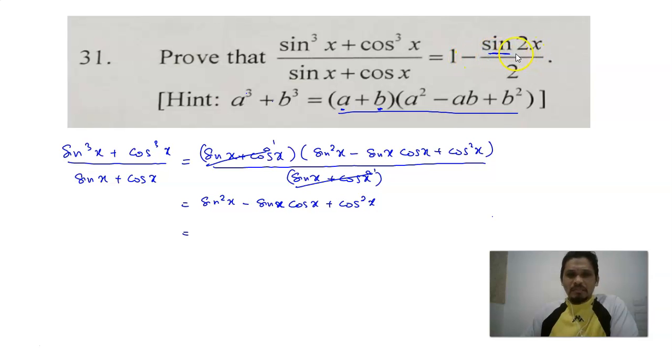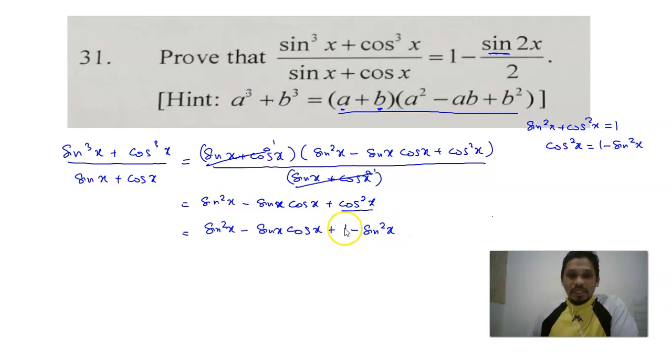Okay, we might think of something, but before that, let's change this term. Sine square x plus cos square x equals 1, then cos square x equals 1 minus sine square x.